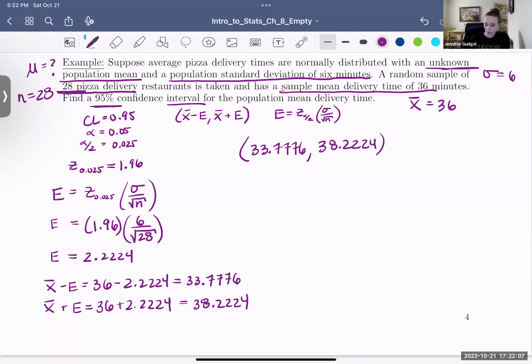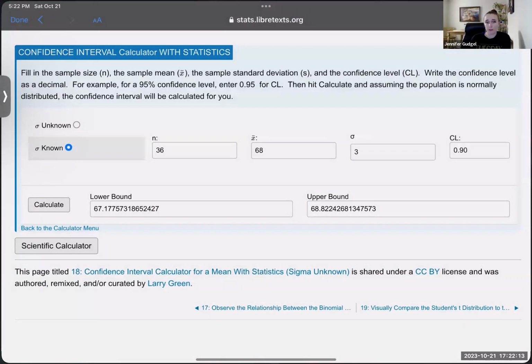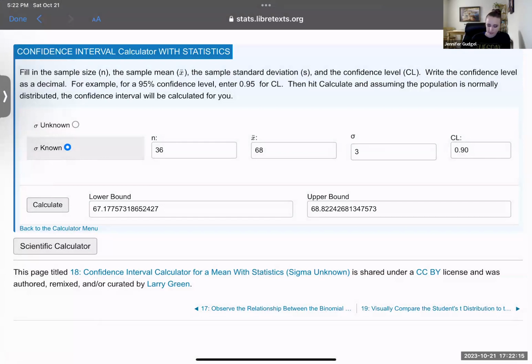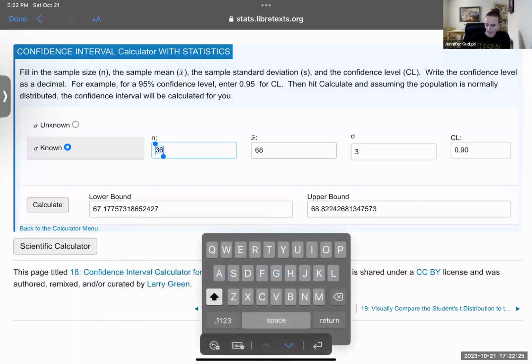Again, if you're feeling really confident with this process, you know how to do it by hand, you can use the online calculator. All right, the online calculator does not show you what the error bound is. We would be selecting that we know sigma because they gave us the actual sigma. We had an N of 28.